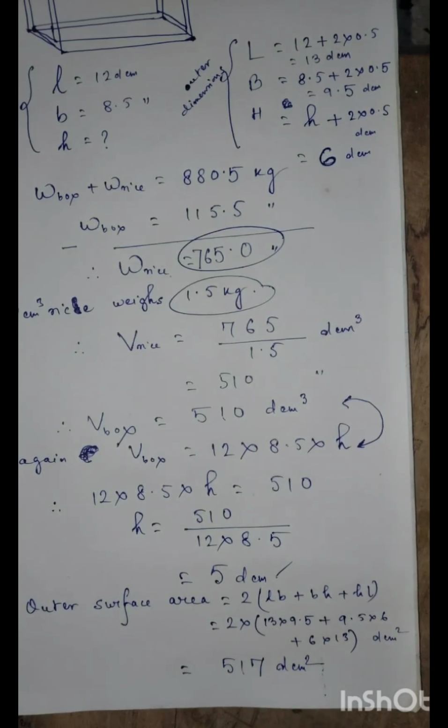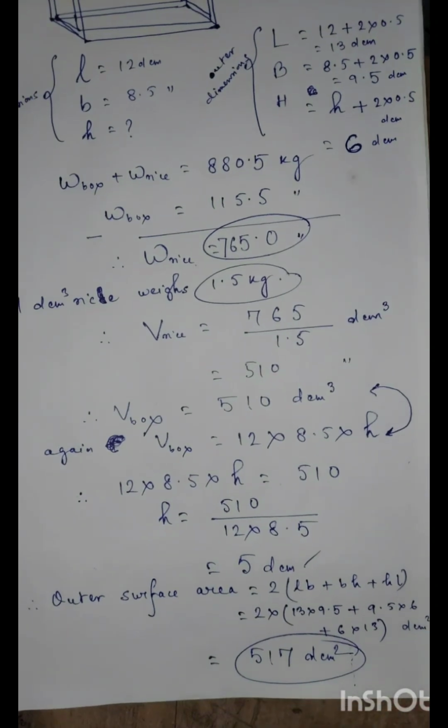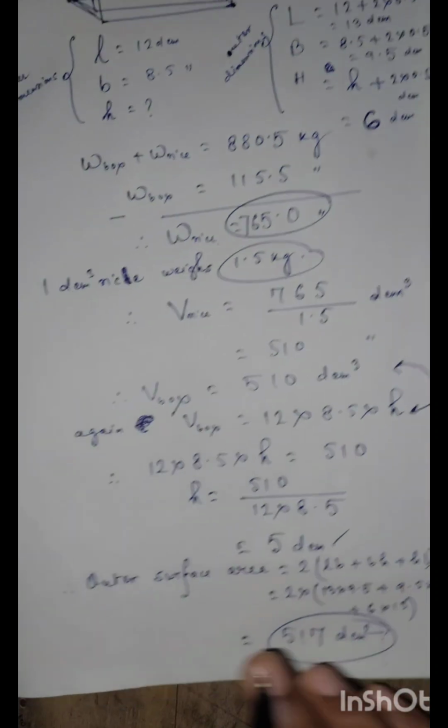So this is our outer surface area. So the price per square decimeter is 1.50.